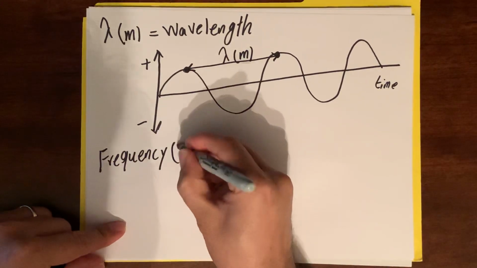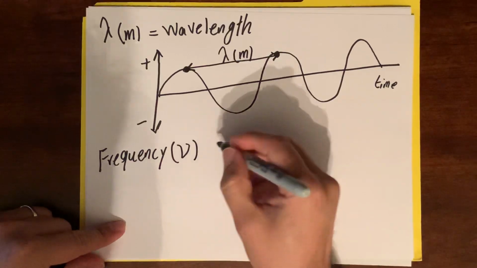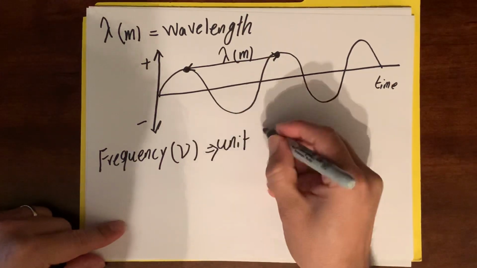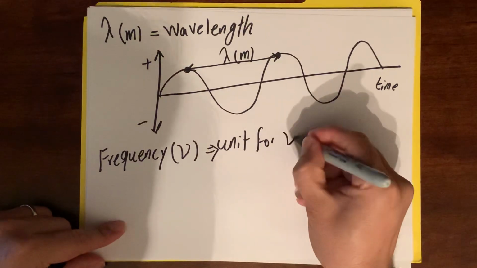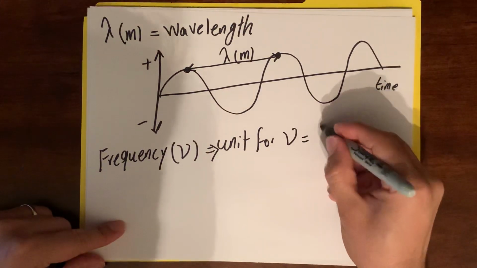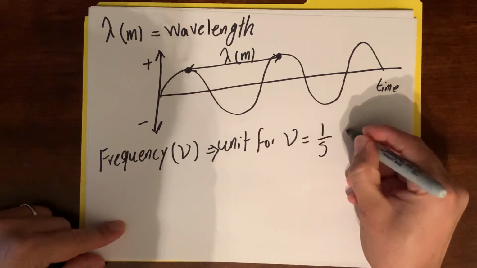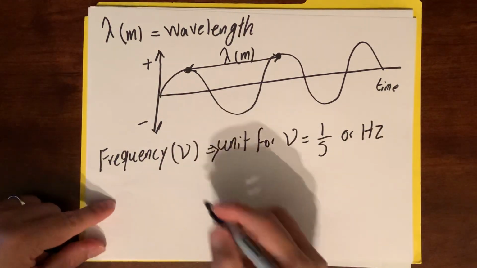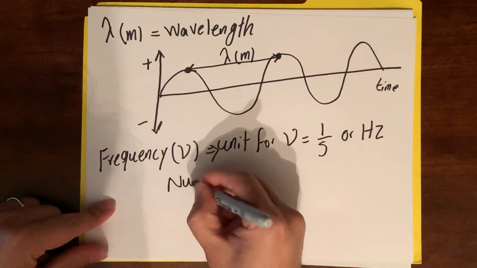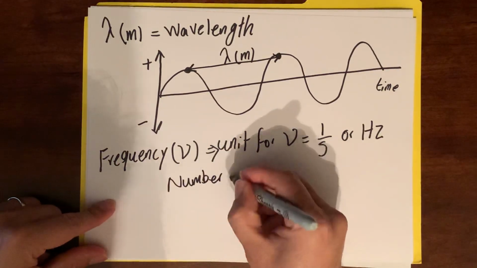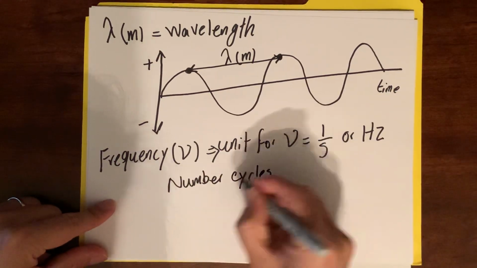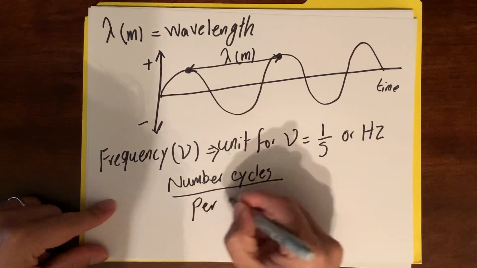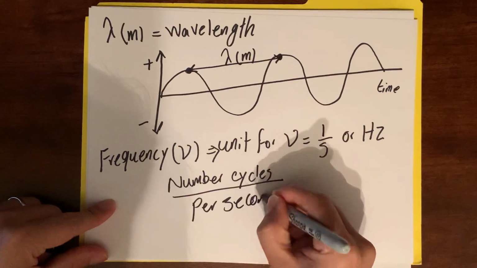Next one was frequency. We show it by nu, and the unit for nu is 1/second or hertz. And what's the frequency? Frequency means number of cycles per second.